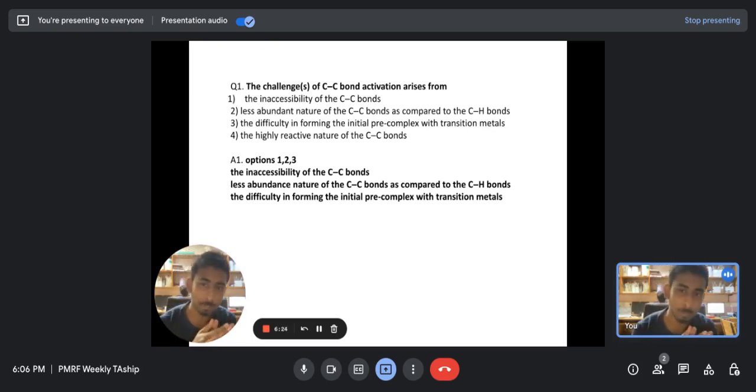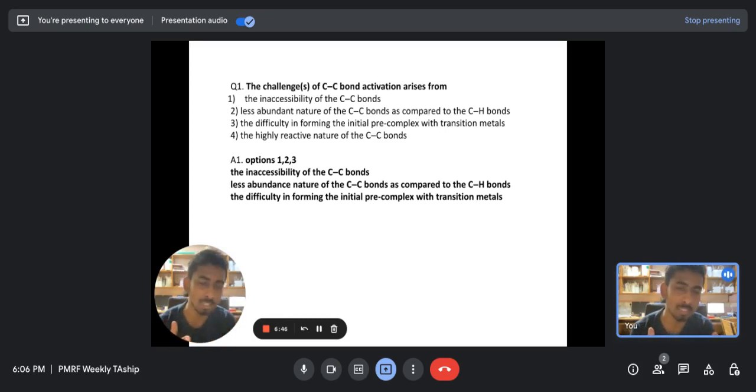And lastly, I will discuss the third point, the difficulty in forming the initial pre-complex with the transition metals. I have already discussed that CC bonds are very much less polar, or actually non-polar, in nature. That's why they are very stable, and that's why it is difficult to break such a CC bond and form an initial pre-complex with the transition metals.